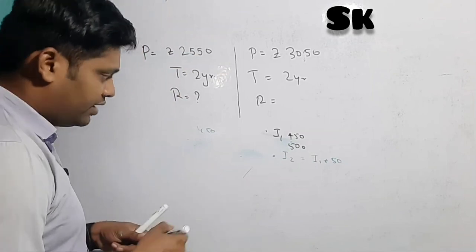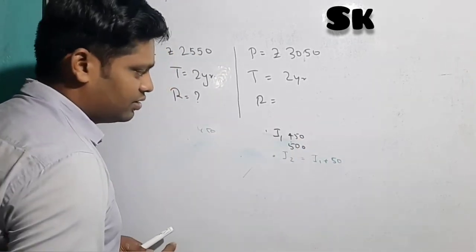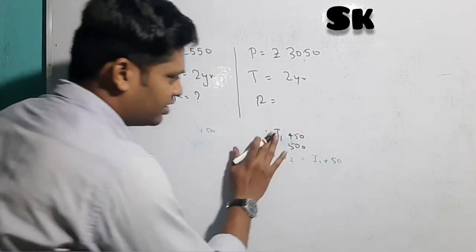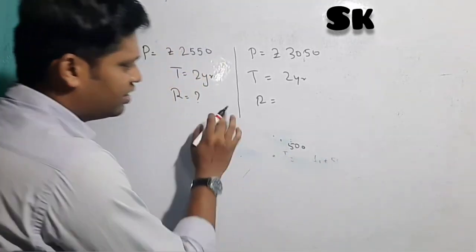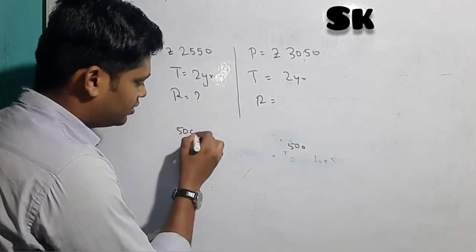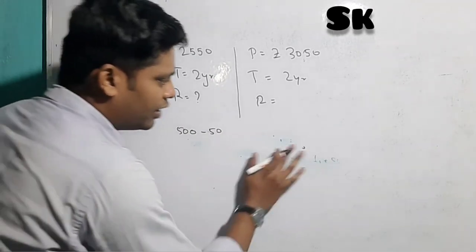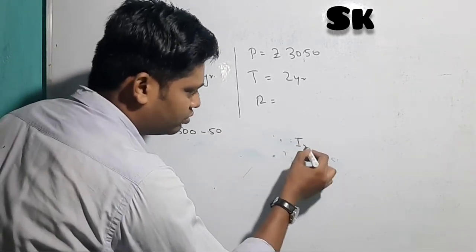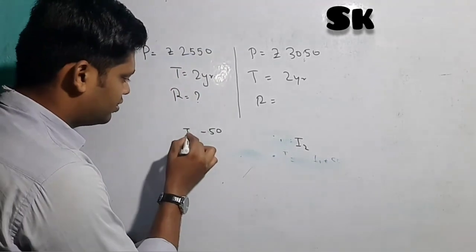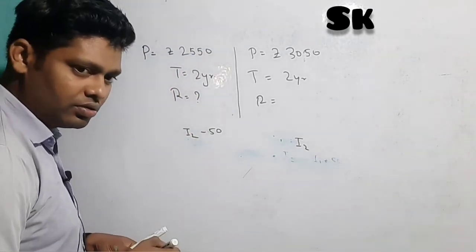If they are saying that this person has earned 50 rupees less than this one, then it is the same thing. I don't know the value of this one. For example, I have assumed this one as I2. This will be confusing, so again I will tell you.